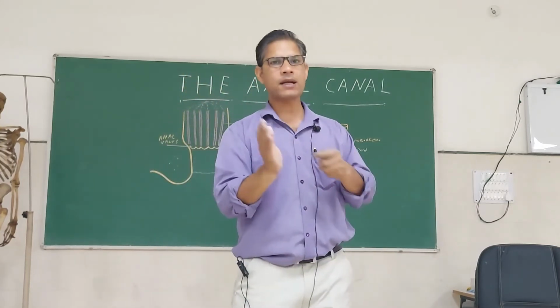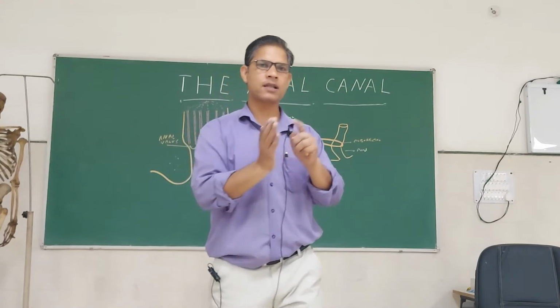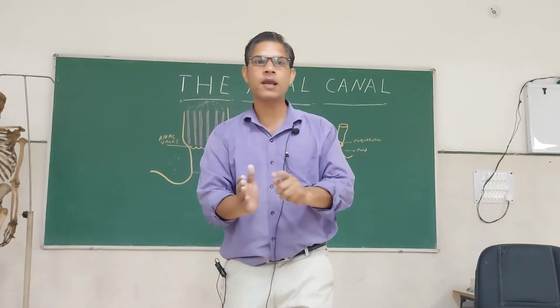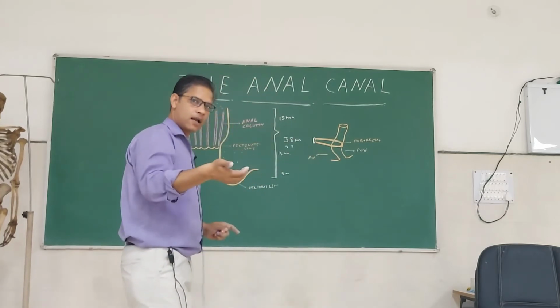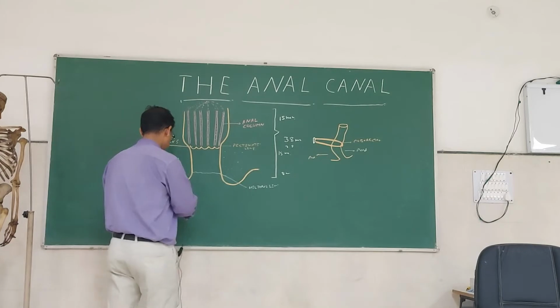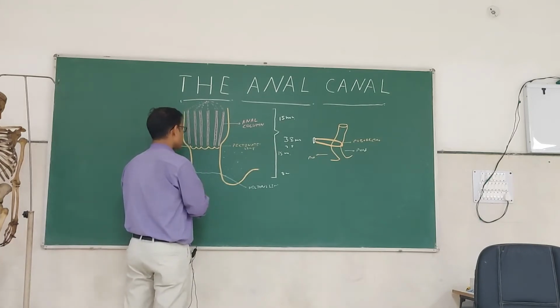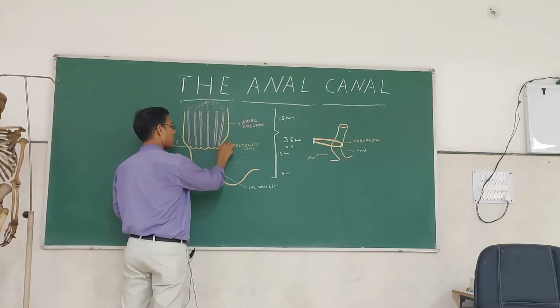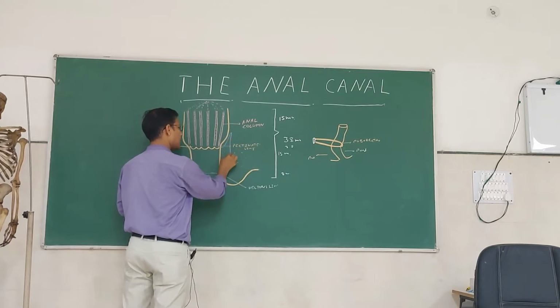This is a very, very important line, the pectinate line. It separates the upper 15 mm from the intermediate 15 mm, so the anal column and anal cusp. Not only that, above this cusp, you can see the ducts opening, and these ducts are of the anal glands.